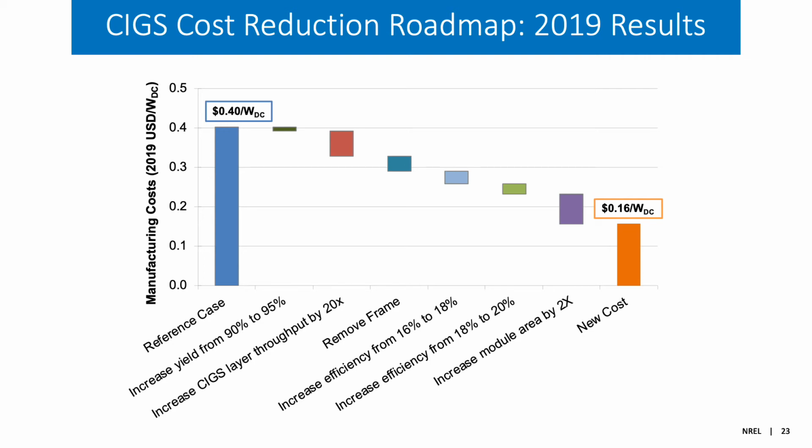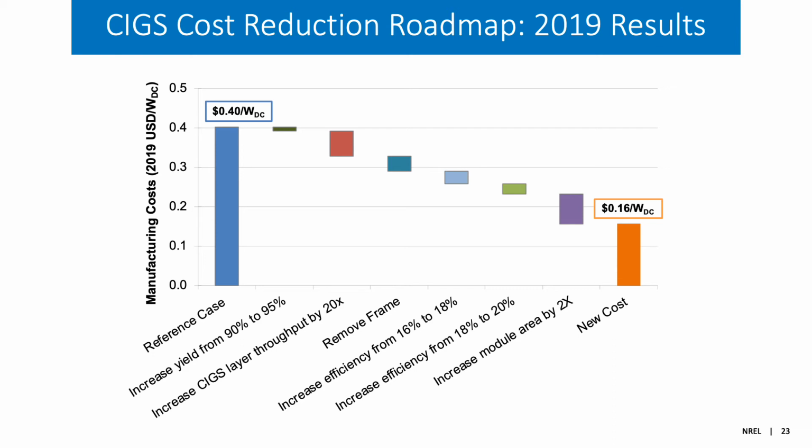If you remove the frame, you can also save a pretty significant amount in cost. There are some frameless modules available today as well. And then you can see how increasing the efficiency in different steps influences cost, and that efficiency can really be a big driver of cost reductions as well. And then another major way that we've seen you can decrease CIGS costs is by increasing the area of the module.